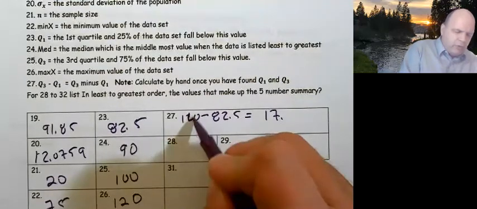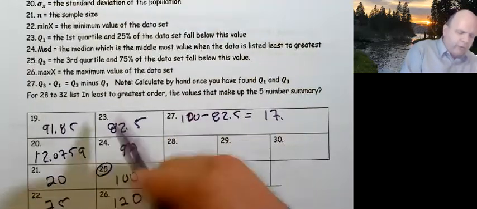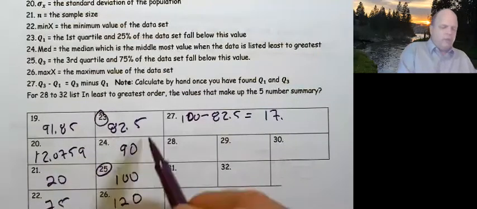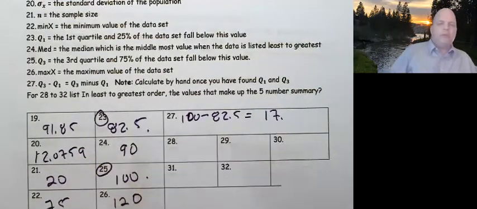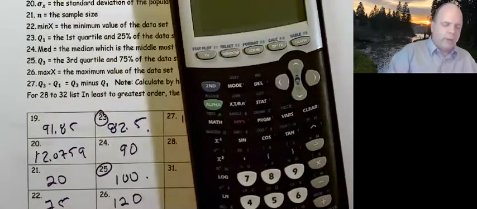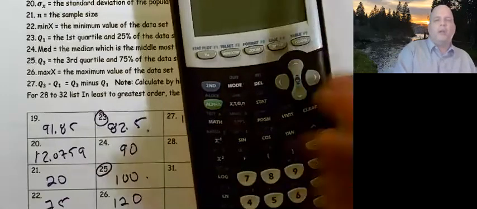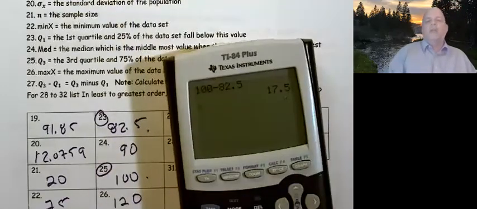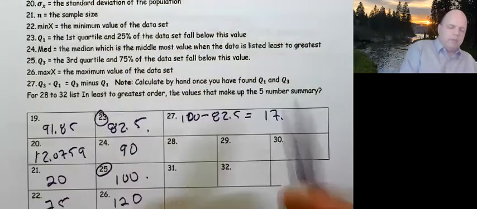This is 100. Be careful with that, don't fall into the trap that I just did. Because this was Q1, this was Q3. So 100 minus 82.5. Now I'm just going to check it out real quickly on the calculator. Not feeling too bright this morning. Sorry. So 100 minus 82.5 is 17.5.